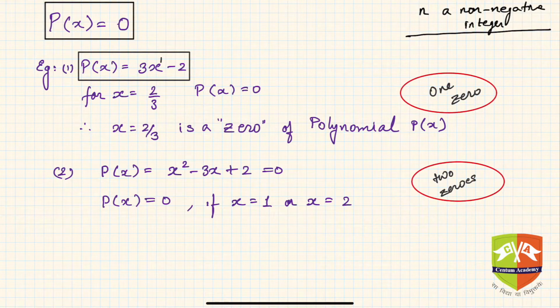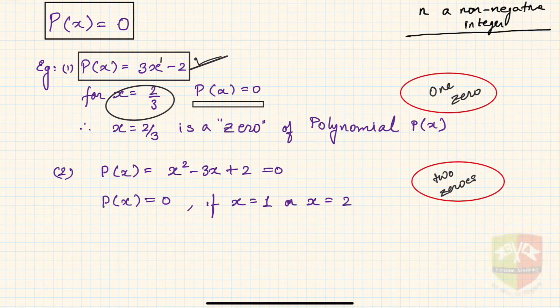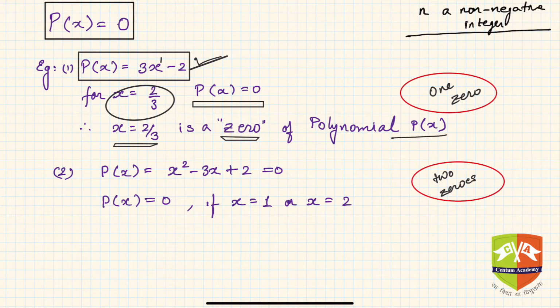If you notice, if I put x equals 2 by 3 in this expression, what do I get? I get p(x) equals 0. So at x equals 2 by 3, this particular polynomial reduces to 0. Hence we call x equals 2 by 3 the zero of the polynomial p(x).